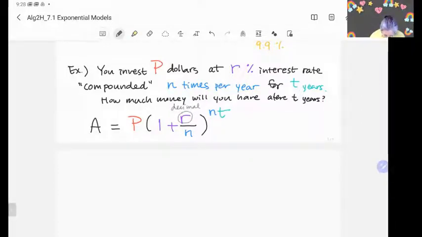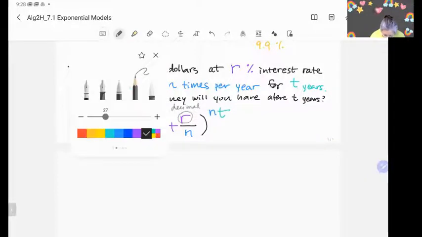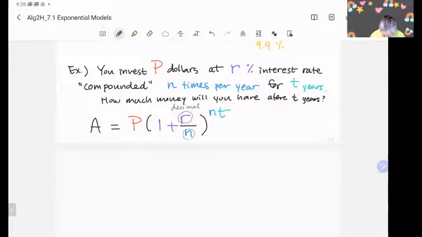And now the N: this N divides the rate, and this N multiplies the number of years, because it's obvious.